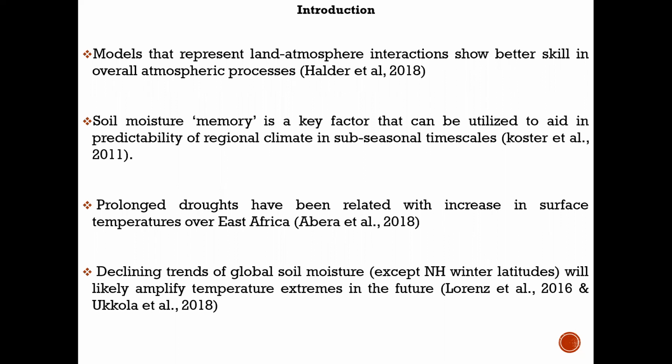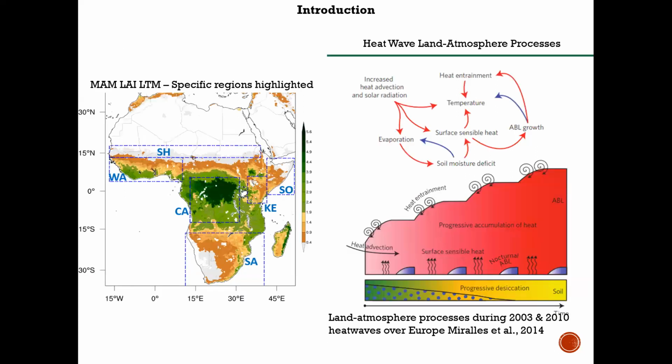During extended dry periods, temperatures tend to rise due to soil moisture feedbacks, and in future climates, temperature extremes are expected to be amplified due to feedback mechanisms of drying trends of soil moisture.